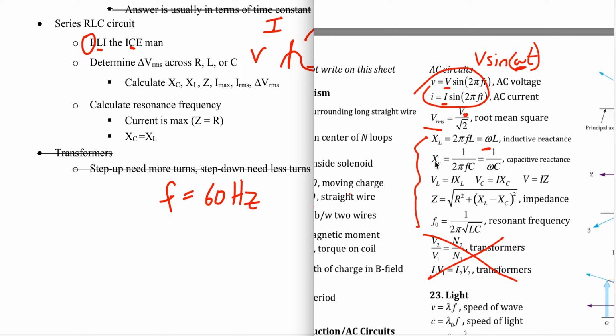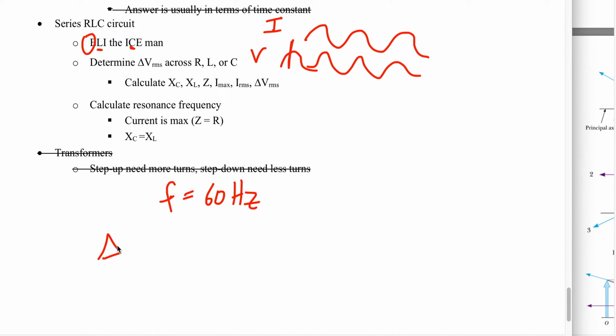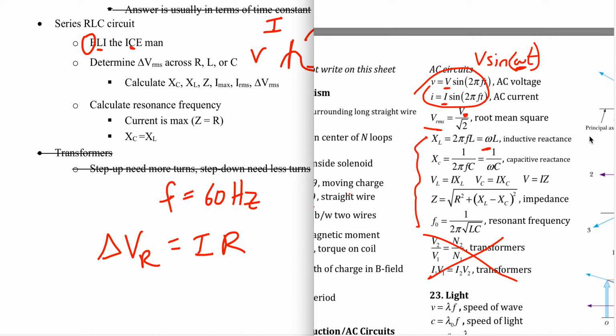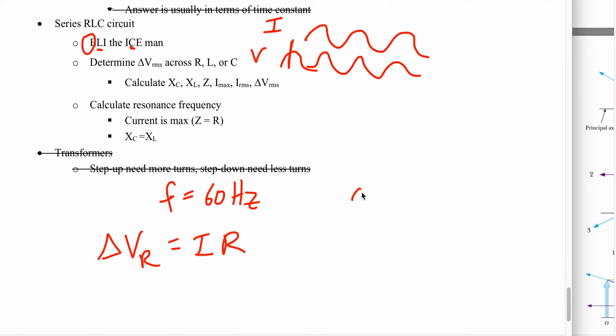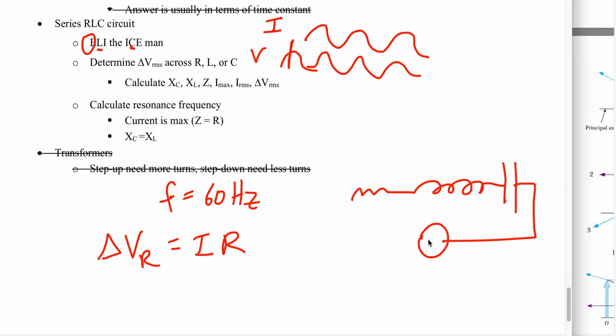And having the reactances allows you to figure out, well, what's the voltage across my inductor, the current times the inductive reactance, etc. If you want the voltage across the resistor, then that's just going to be the regular IR. But if you want the voltage across the inductor or capacitor, you have to use the reactances. And then this one right here relates the voltage that you're getting from the source. So again, we have an RLC circuit. We have an alternating source. This is what we have here.